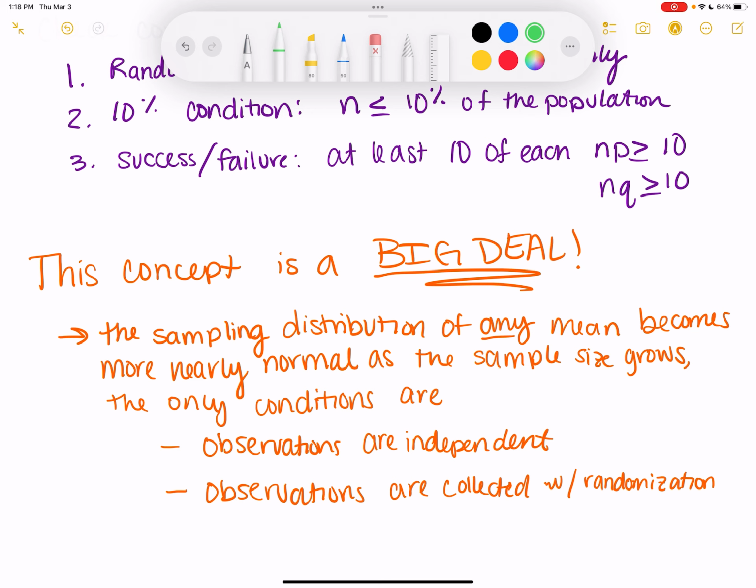And just to note that this mean here that we're talking about is for qualitative data.